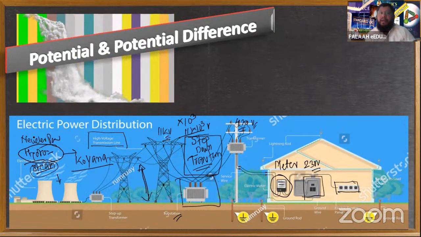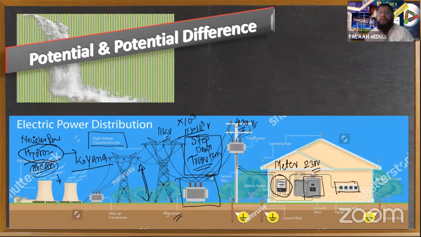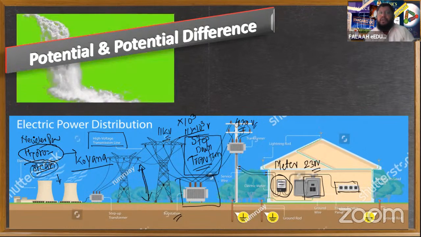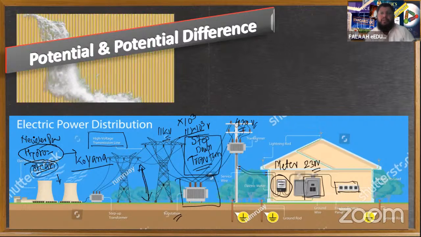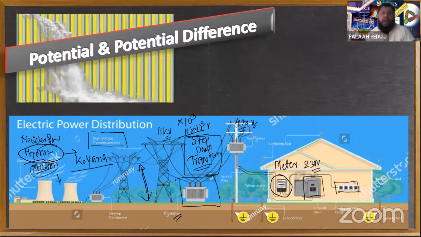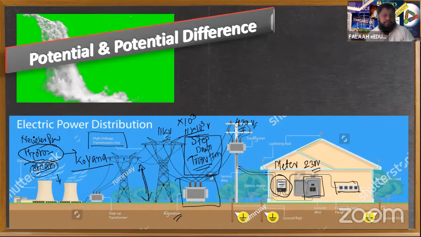Is it possible for water to flow by its own from a lower level to an upper level? No, it won't. It's not possible. Always water flows from the upper level to the lower level.